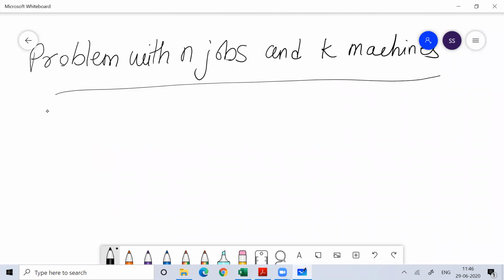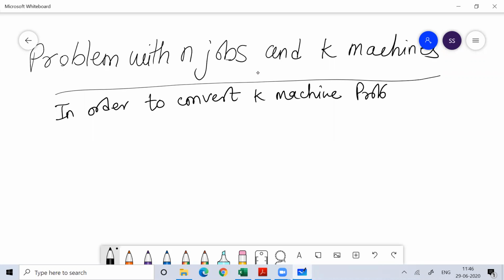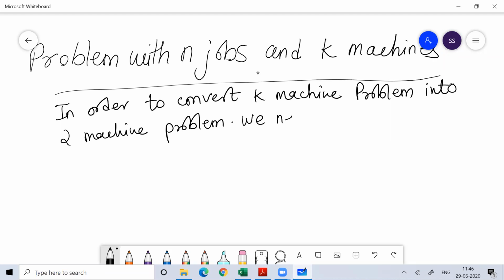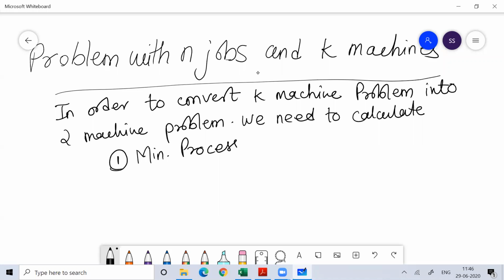In order to convert a k machine problem into a two machine problem, we need to calculate the minimum processing time of extreme machines.